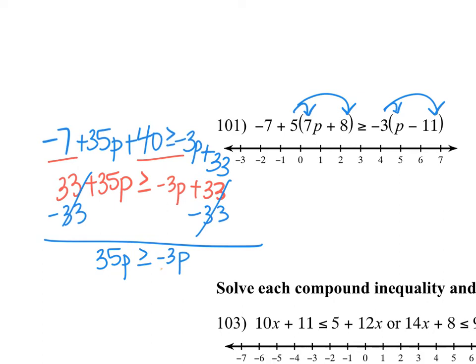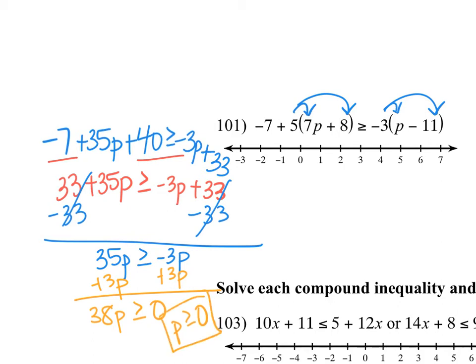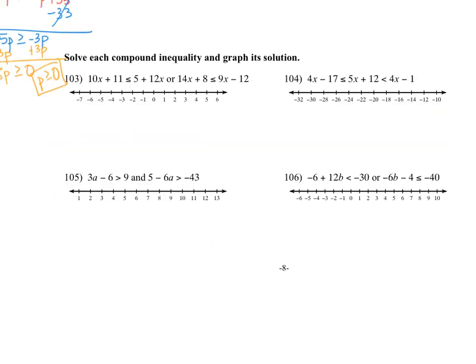So I'm going to add 3p and add 3p to the side. 38p is greater than or equal to 0, so p is greater than or equal to 0. I'm going to look for my 0, mark it, color it in, and then draw my arrow. And I'm done.